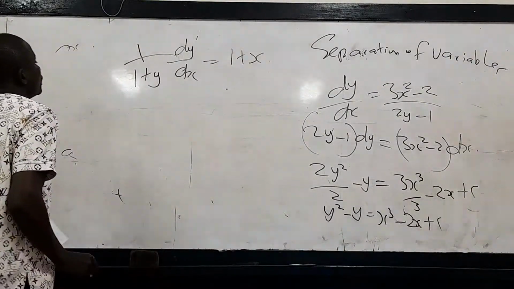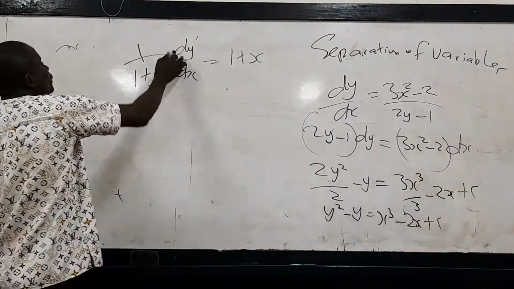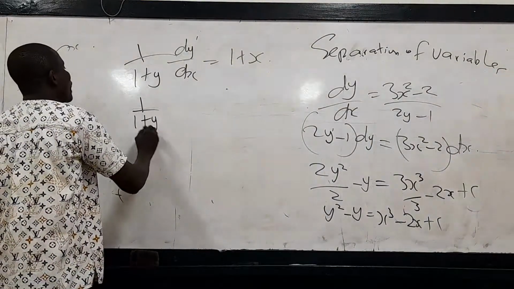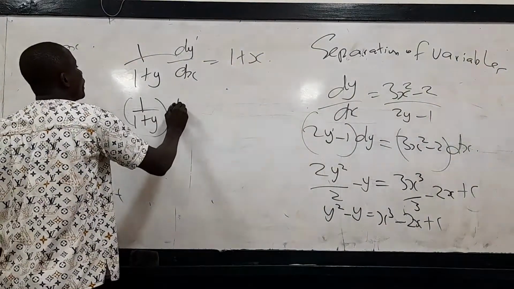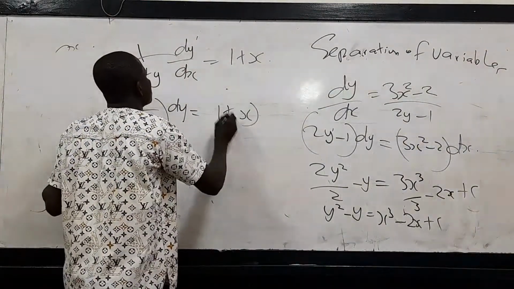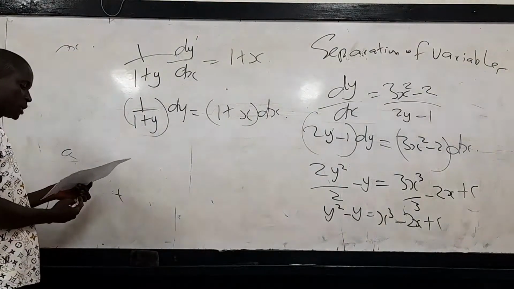Okay? Here, what are we having? Alright, we have dy here, so it's 1 over 1 plus y dy is equal to 1 plus x dx. That's what I captured here.